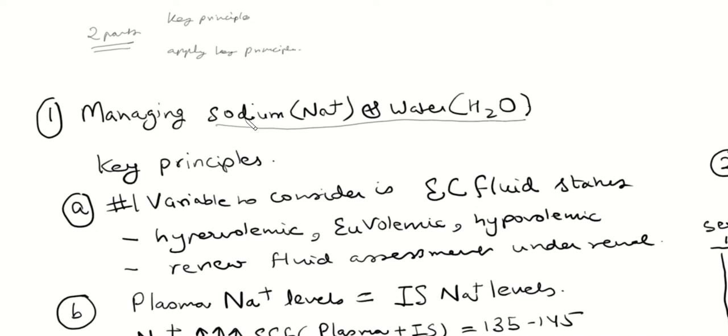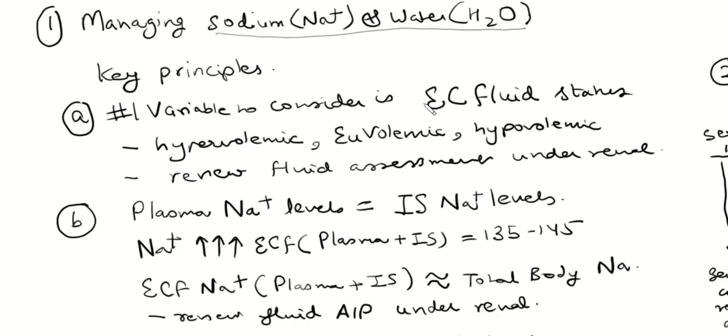Whenever we are assessing sodium and fluids, there are some key principles. Let's start with those. The first variable to consider and assess is extracellular fluid status. In your patient, it's important to know whether the patient is hypervolemic, hypovolemic, or euvolemic.